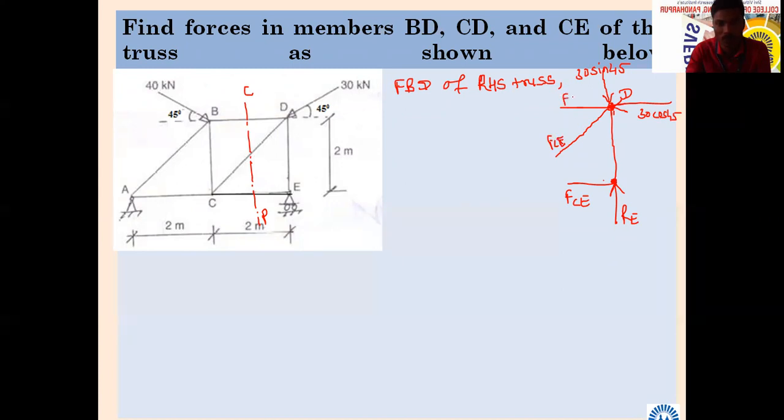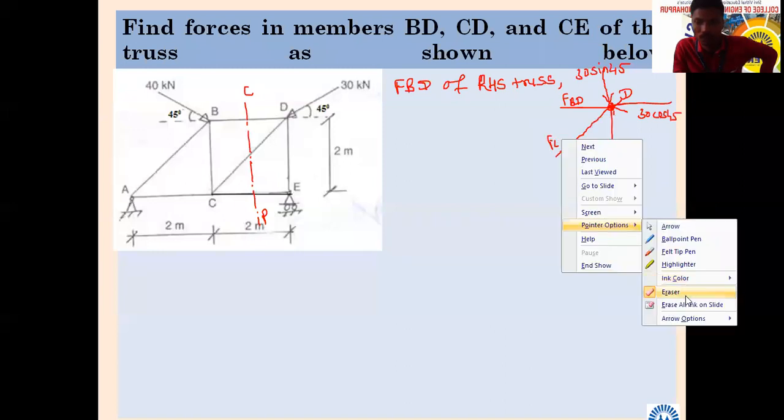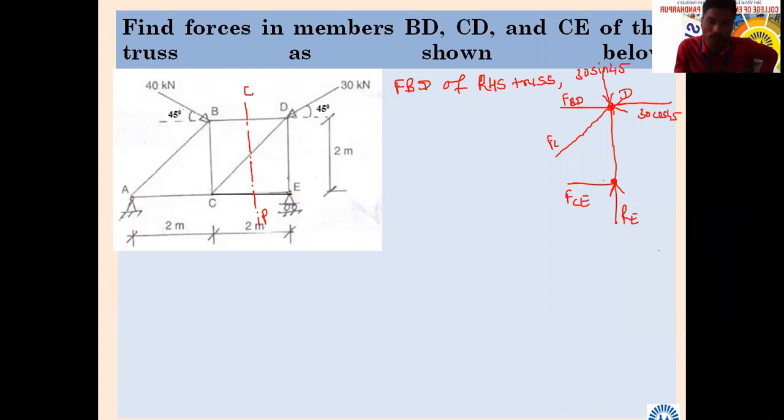Then here is FCD. Okay. So you can tell me the directions now. How should I assume?